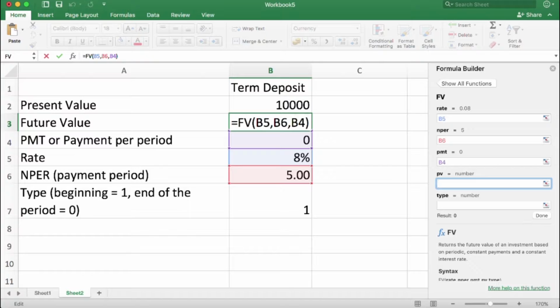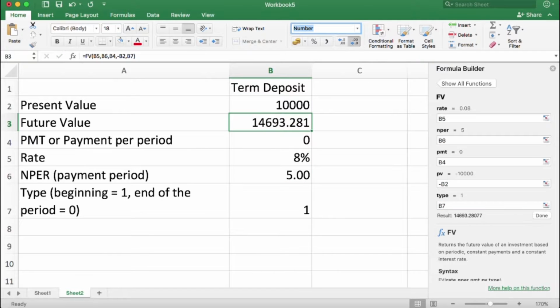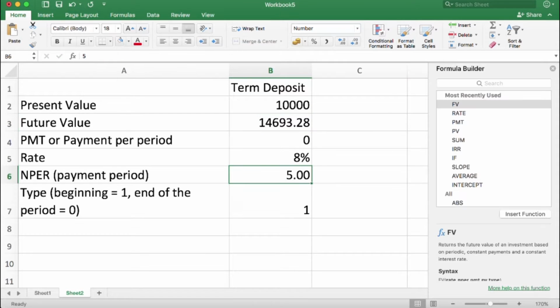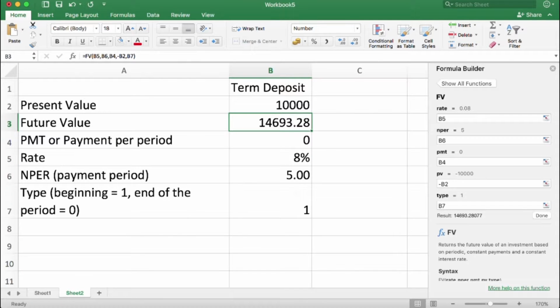It is better to mention cash outflows as a minus value and cash inflows as a plus value. Therefore, let us put minus 10,000. Type is at the beginning of the period, therefore it is equal to 1. If we invest 10,000 today for a 5-year period at 8%, the maturity value of the deposit is 14,693.28. Let us do some more problems.